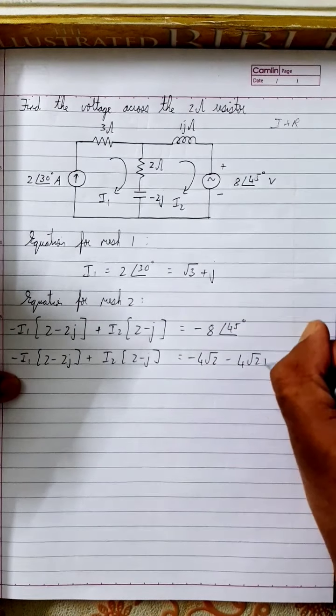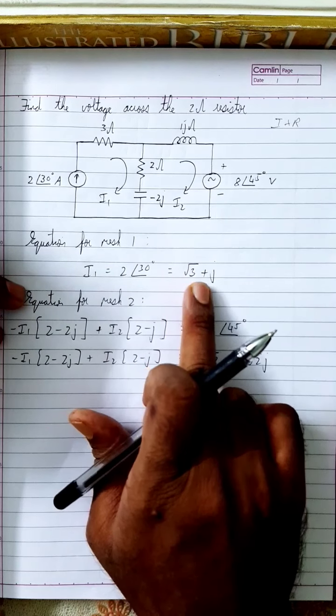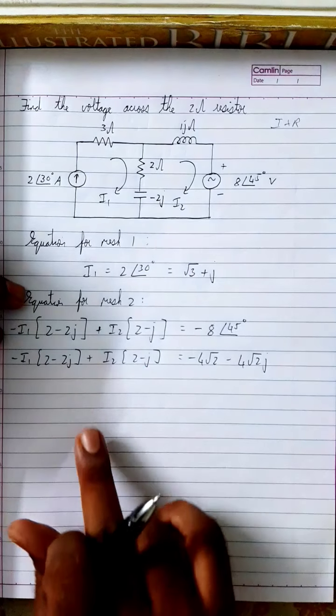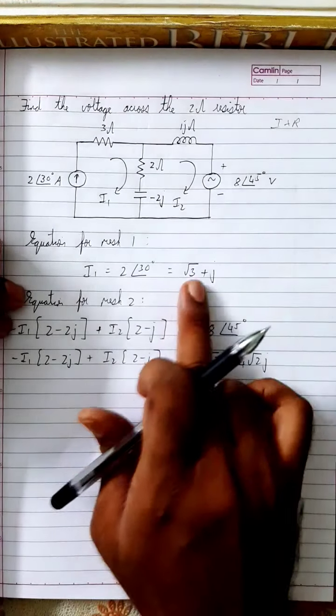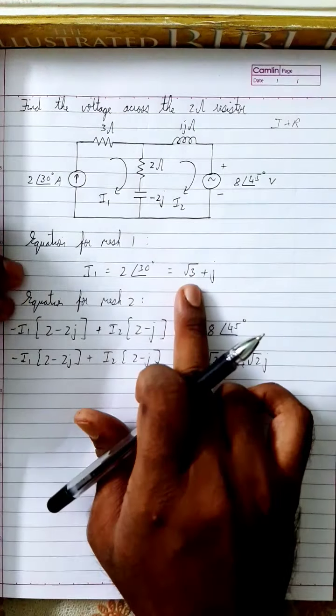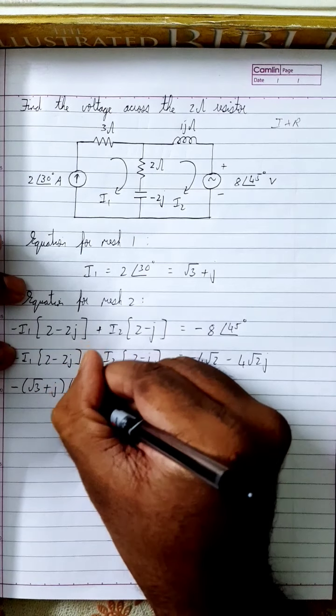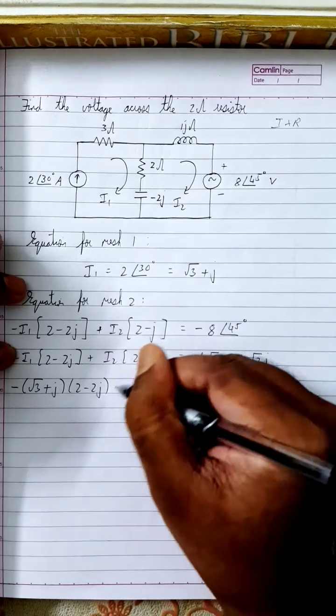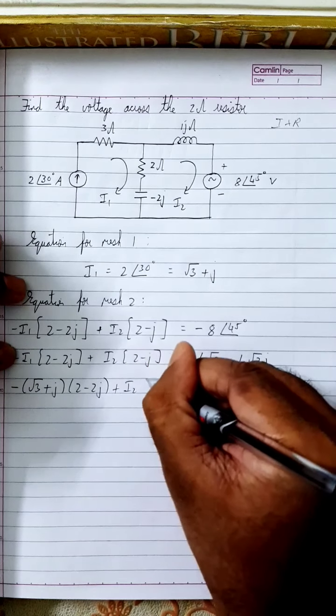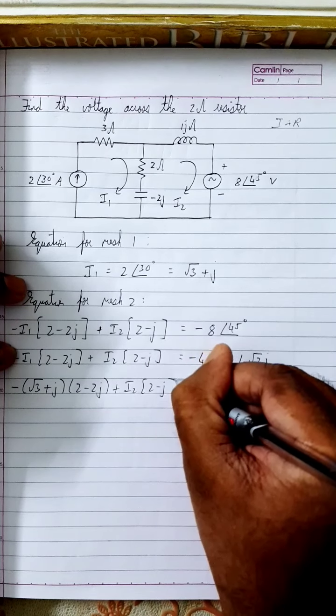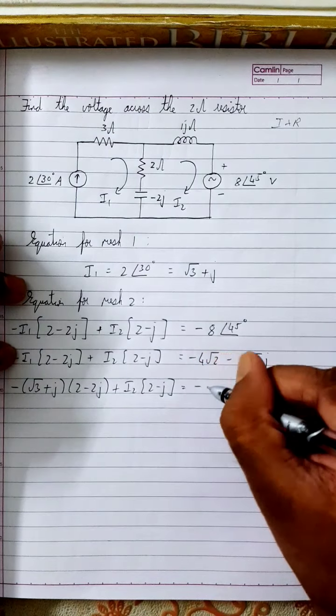Okay, so now I found this, and of course I already found the value of I1, right? So which means I can substitute that value over here. So in that case I can find the value of I2 also. So what is root 3 plus j? So which means this is nothing but minus of (root 3 plus j) into (2 minus 2j) plus I2 into (2 minus j) is equal to minus 4 root 2 minus 4 root 2 j, right?